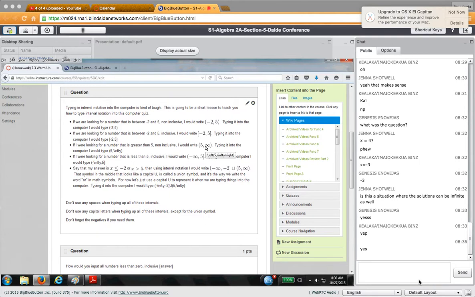Technically, that's what you would type, but what I'm going to have you guys do is just put in parentheses 5, /INFTY, close slash. This is what I had to do in order to make it appear to look like that. But what I want you to type into the computer is this. Are we cool with that?